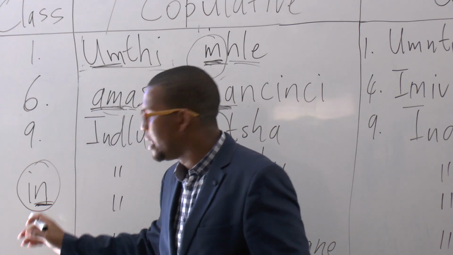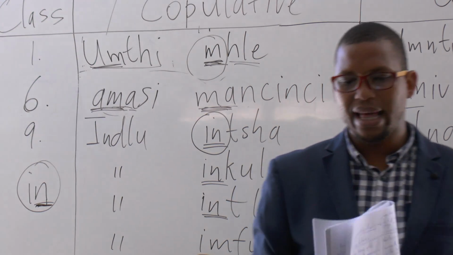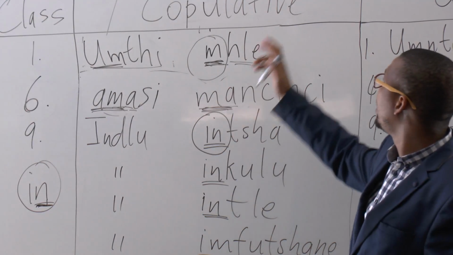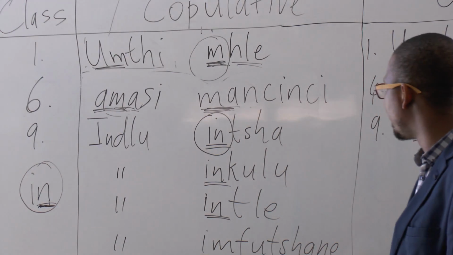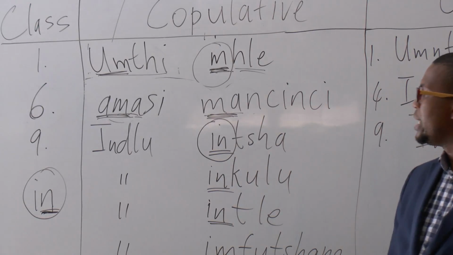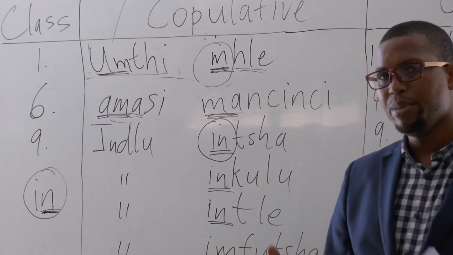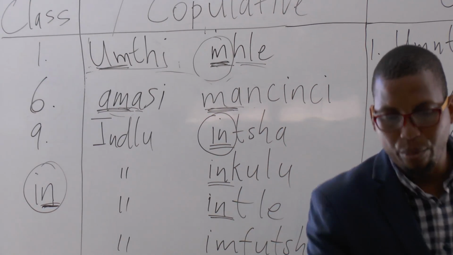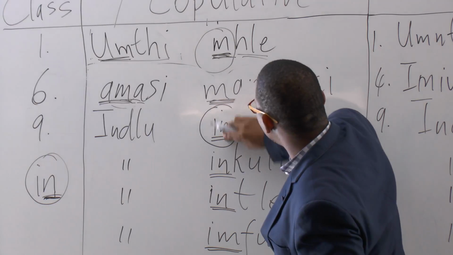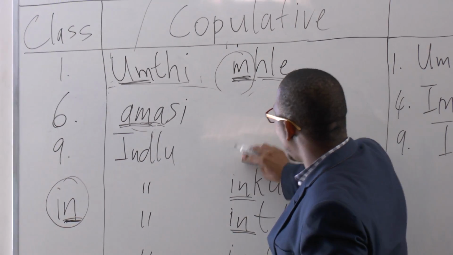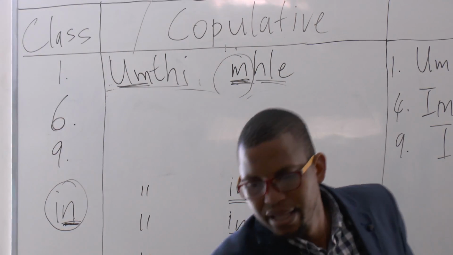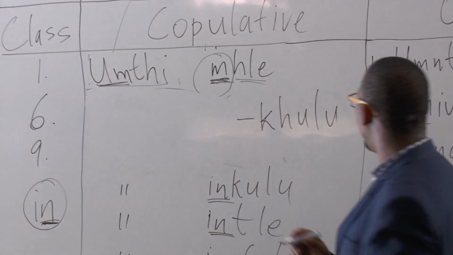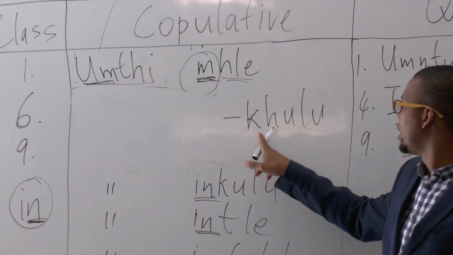it has got N. There will be cases where changes take place when that in is joined with an adjective. For example, to mean big in Xhosa, the adjective is khulu.